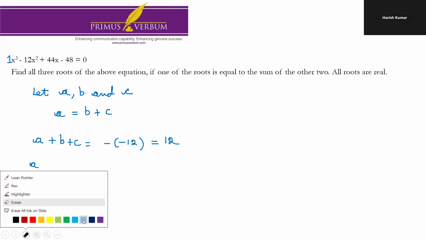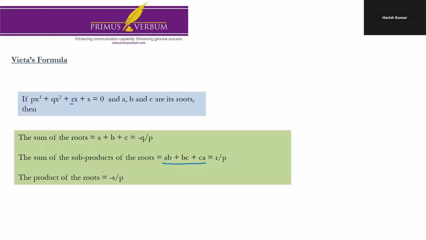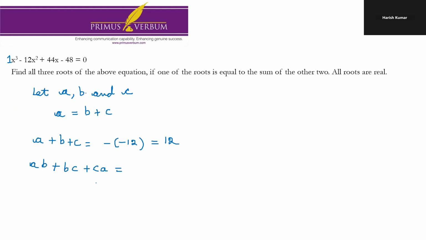The sum of the subproducts AB plus BC plus CA is equal to R by P, that is the coefficient of the linear term, in this case 44, by P, which is 1.